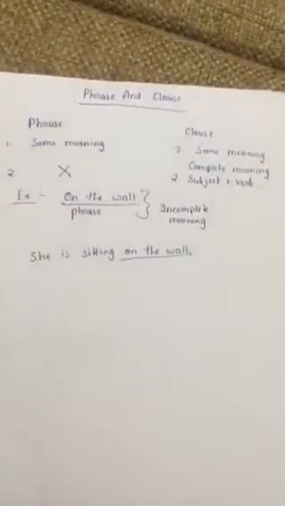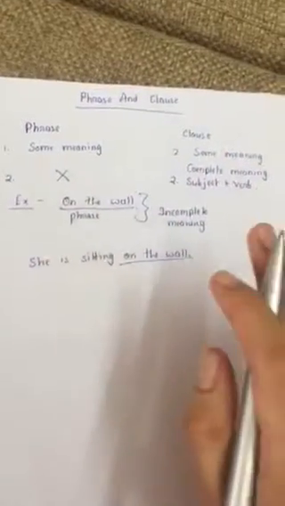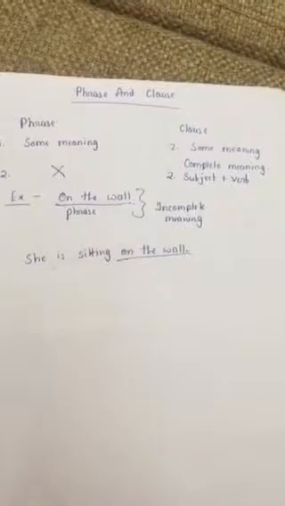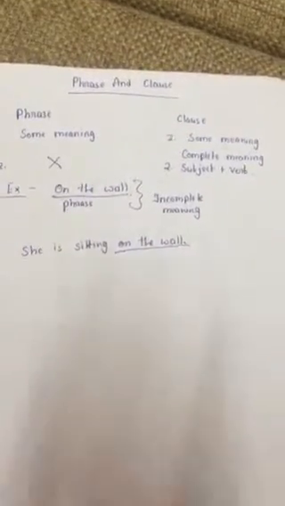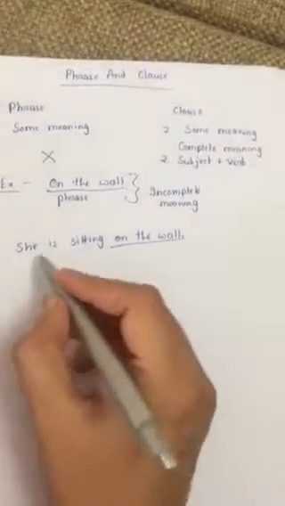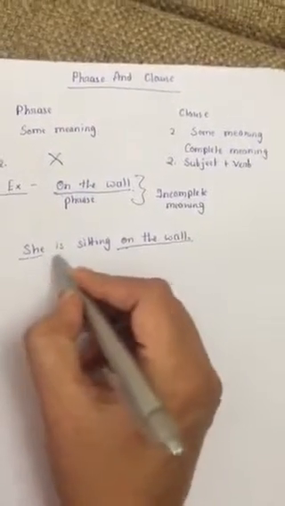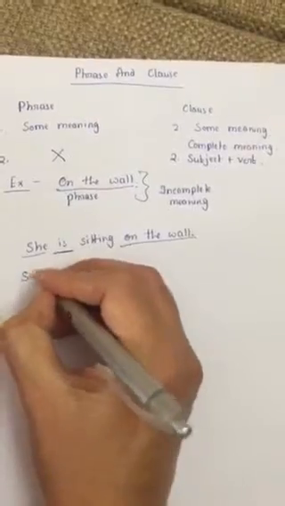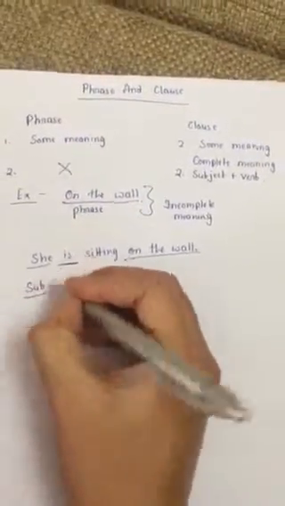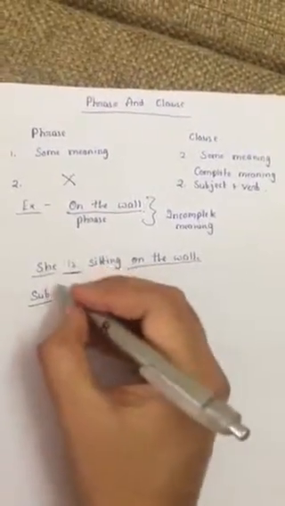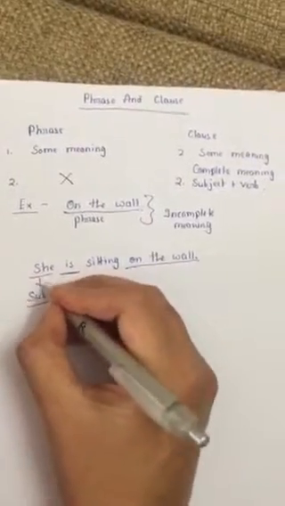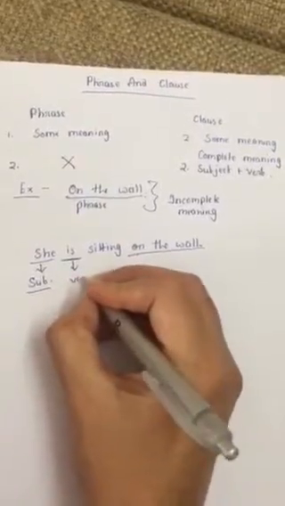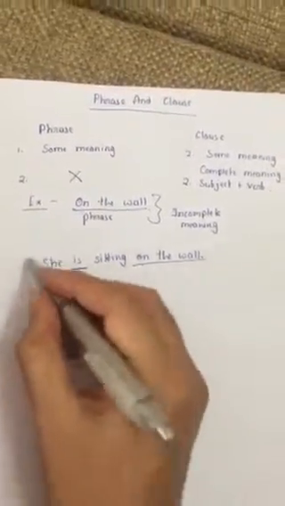So that group of words which gives you some meaning but does not have that combo of subject and verb is called a phrase. And in a clause you will always find a subject and a verb. Here, "she" is the subject, and "is sitting" is the verb in a clause. Now one more thing. So this is a clause.